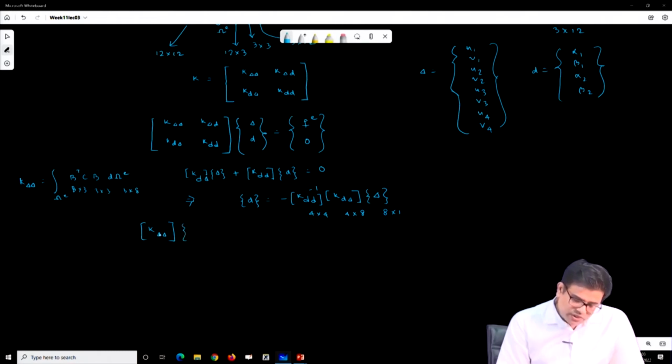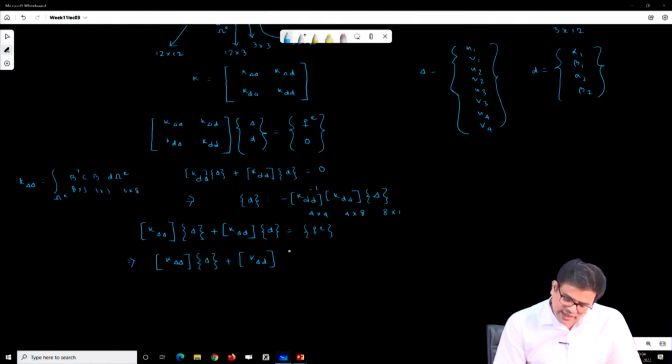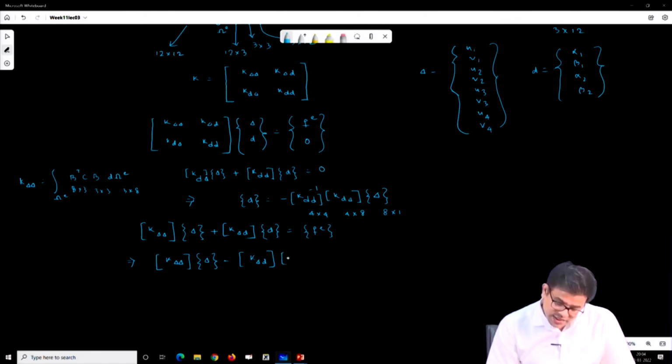The first equation reads K delta delta into delta plus K delta D into D equals Fe. Now I can substitute the previous result: D is minus K D D inverse K D delta into delta, so I change the sign here.